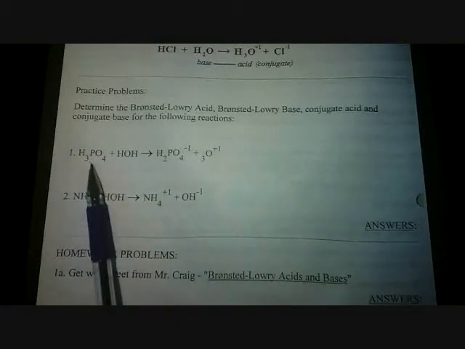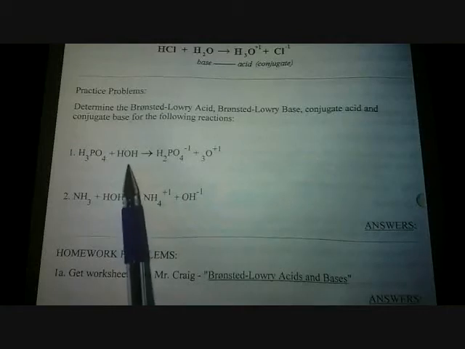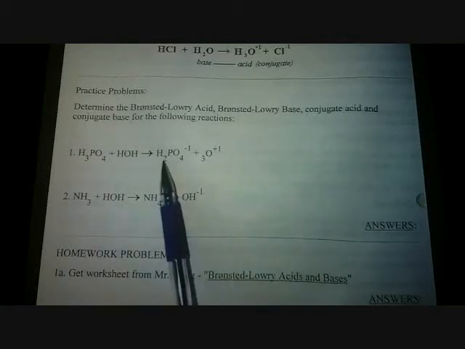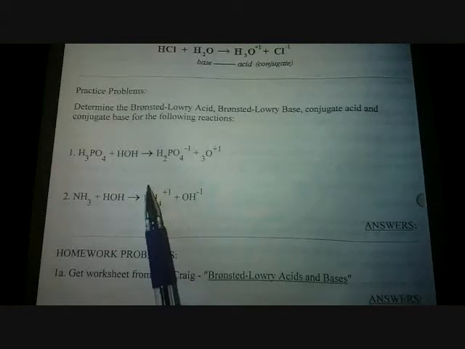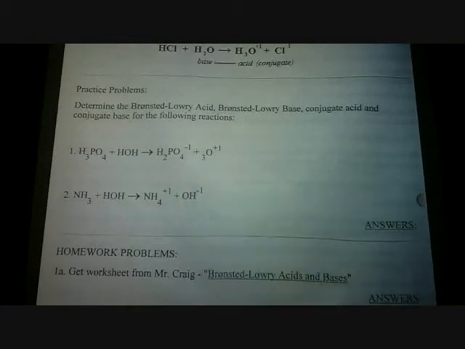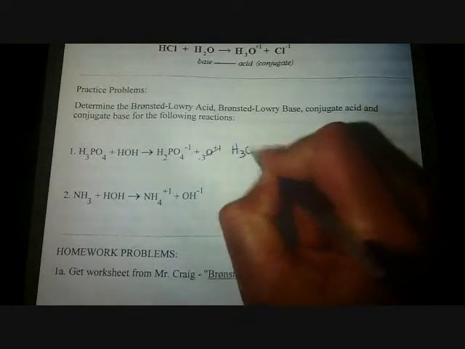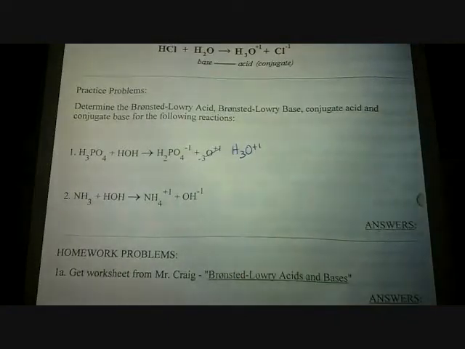That's actually phosphoric acid. And I did write the water as HOH just to make it easier for you. And then we have H2PO4 with a -1 charge, and then I don't know what that's supposed to be, but that should be H3O+1. So change that to H3O+1. That's awesome. The hydrogen just mysteriously disappeared.